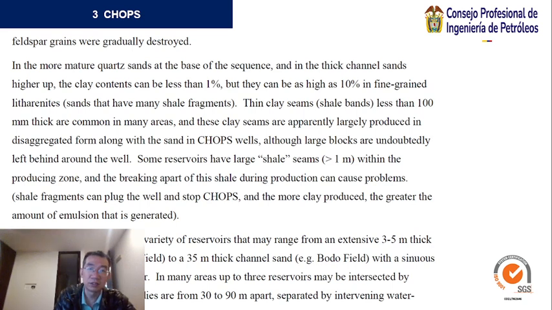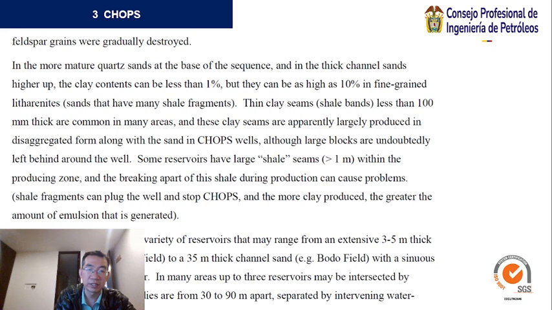Some reservoirs have large shale seams within the producing zone, and breaking apart of this shale during production can cause problems.